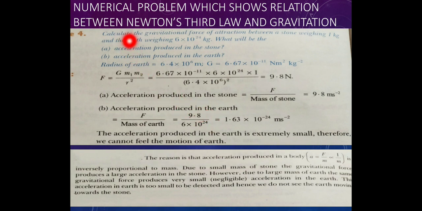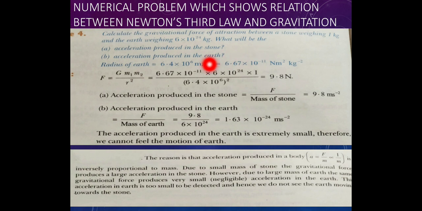Let us see. Calculate the gravitational force of attraction between a stone weighing 1 kg and the earth. So here the stone has a mass of 1 kg and the earth is weighing 6 into 10 to the power 24 kg. If you remember these values, it is very good. But the masses of the earth and moon are already given in the numericals.